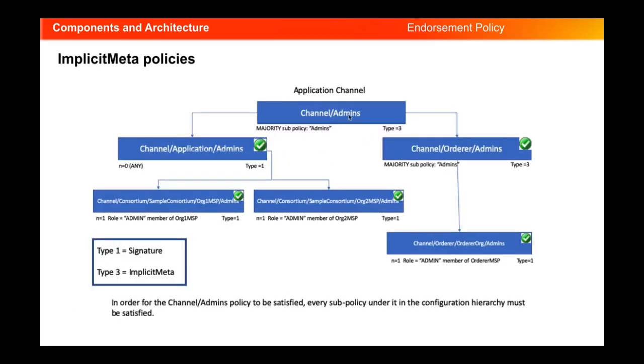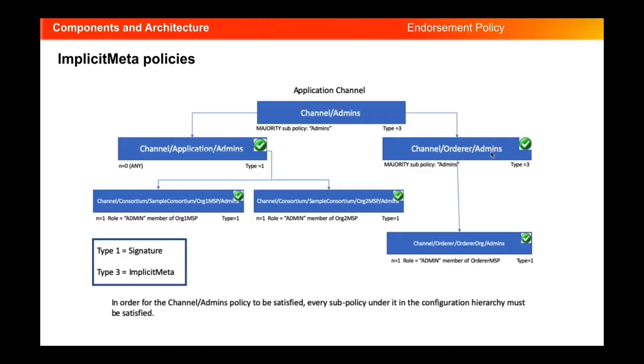As you can see in this tree, you have the application channel as the root of the tree, and you have channel slash application slash admins as a child of this particular node. You have two children, as you can see. One is channel slash application slash admins, and another one is channel slash orderer slash admins.